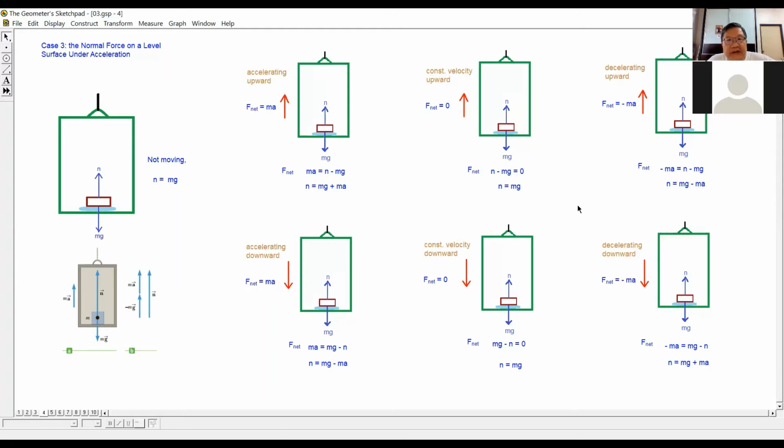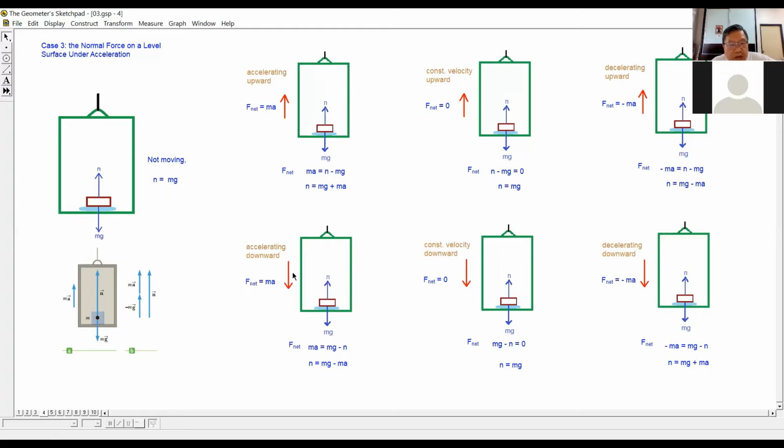The net force is equal to the bigger force minus the smaller force. Now we are moving downwards. So who is bigger? The weight is bigger than the normal reaction. There are only two forces acting on the object, the weight and the normal reaction.